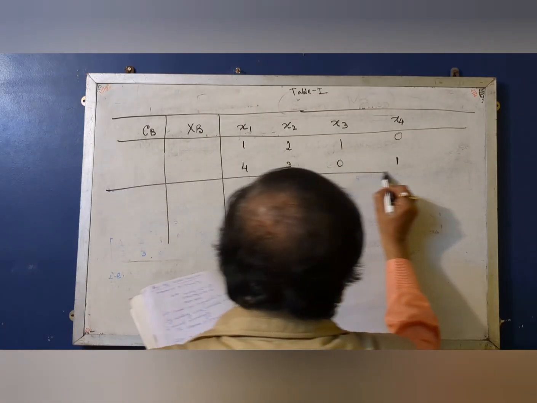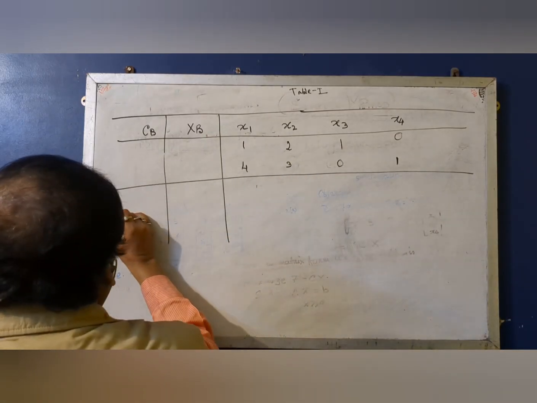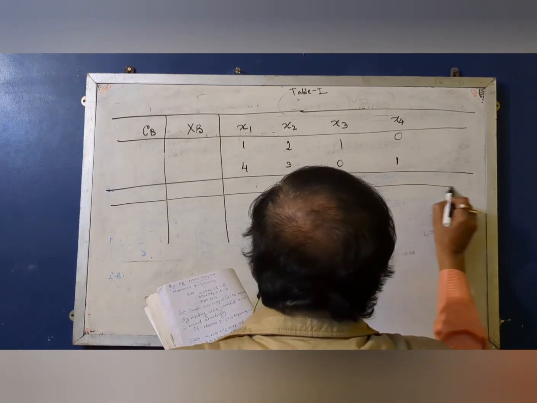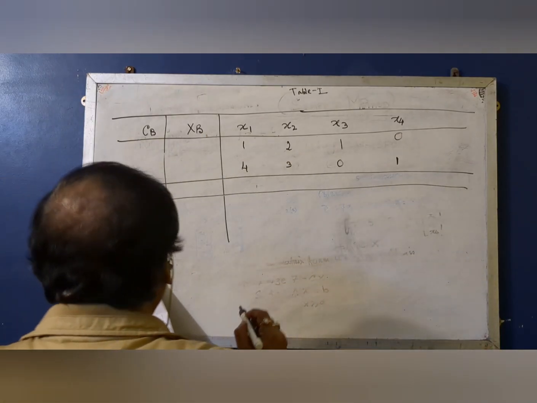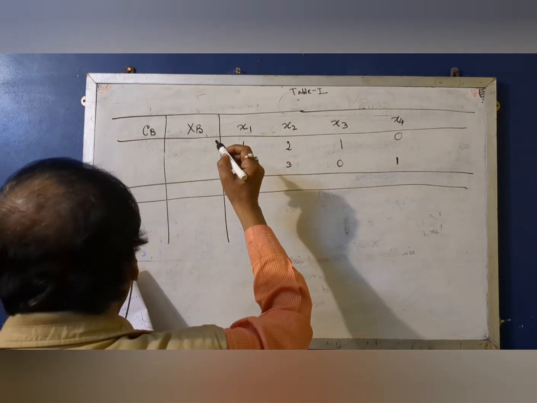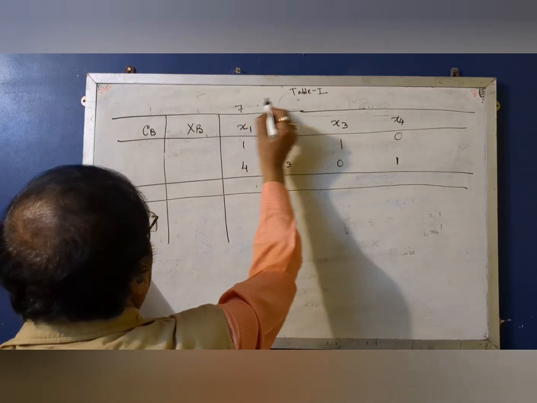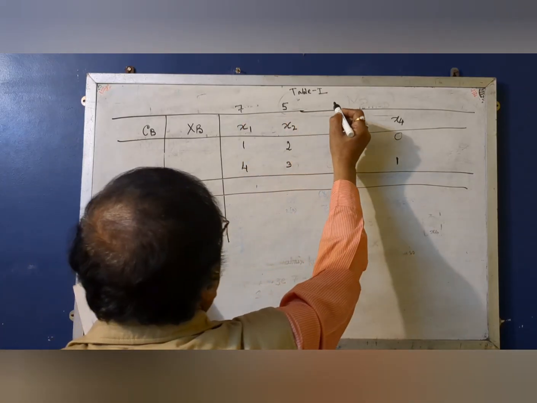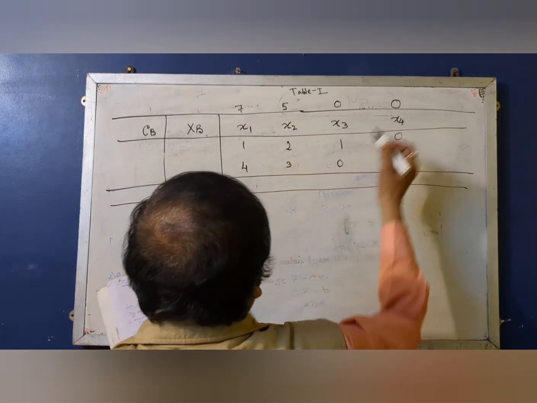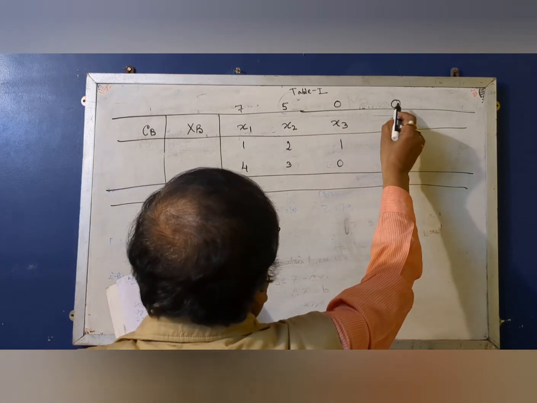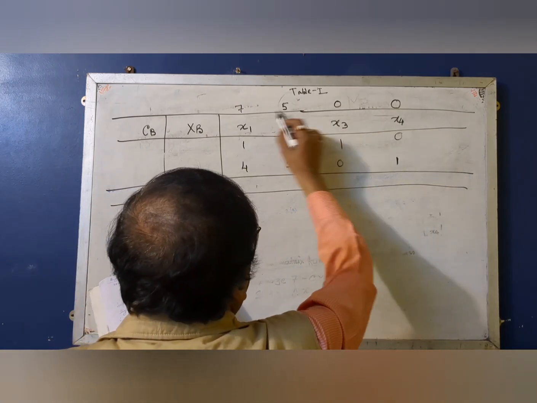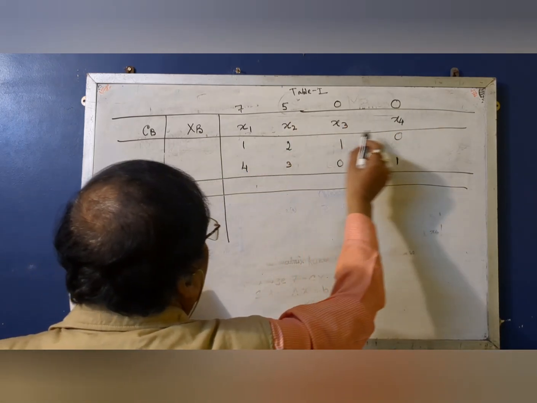The first simplex table will be like this. The cost matrix will be written here: 7 5 0 and 0. This is the cost matrix, that is Cx, the objective function, and this is Ax.